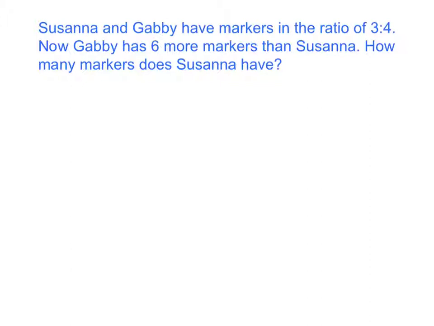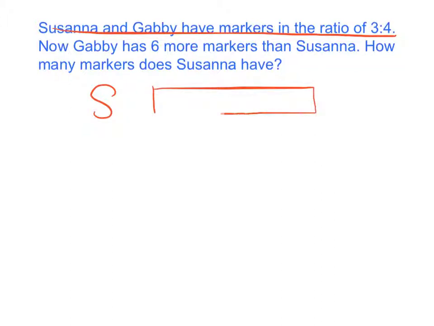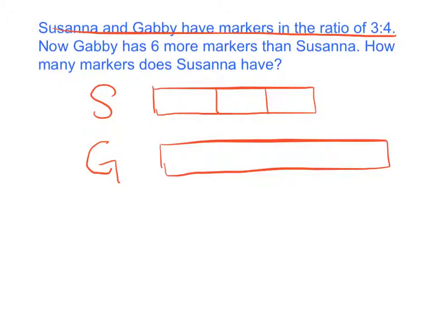This is the last situation that we'll be working on. So I just want you to see one more option with these kinds of problems. So again, Susanna and Gabby have markers in the ratio of 3 to 4. So Susanna gets those 3 boxes. And Gabby gets 4 boxes. And now this time there's a little bit of different information given to you. This time I say Gabby has 6 more markers than Susanna.